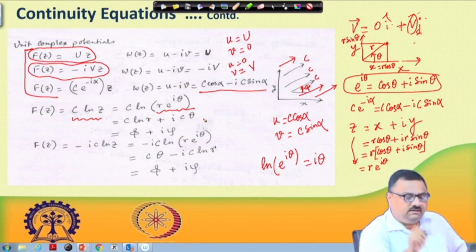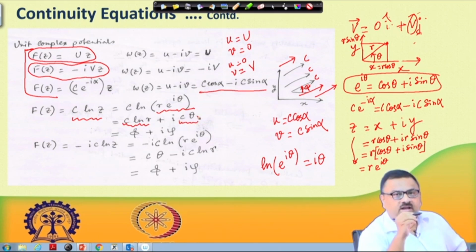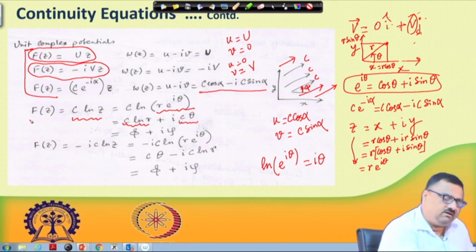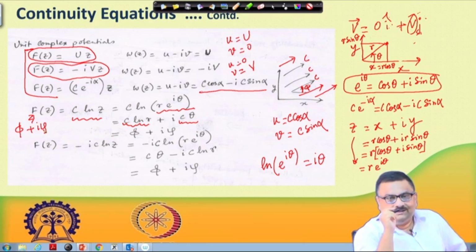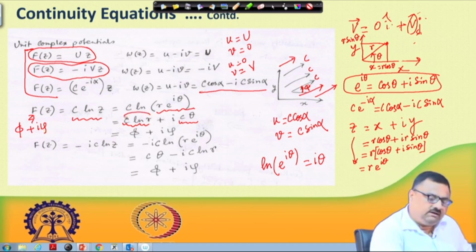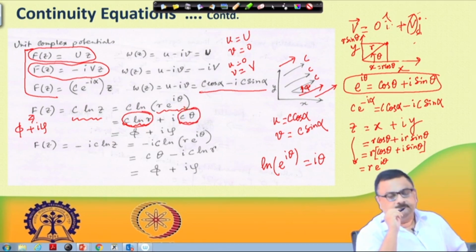Why are we doing this? Because we can see here, this is the real component C ln r and c theta is the imaginary component, and we know that our original definition of f z was phi plus I psi. So, in that case the real component is basically the phi and the imaginary component is basically the psi.